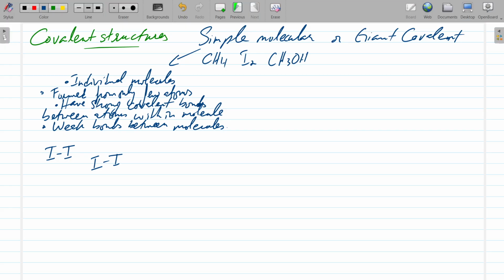The covalent bond itself is strong, but any attraction between the two iodine molecules is weak. A weak intermolecular bond or attraction. Intermolecular meaning between the molecules.